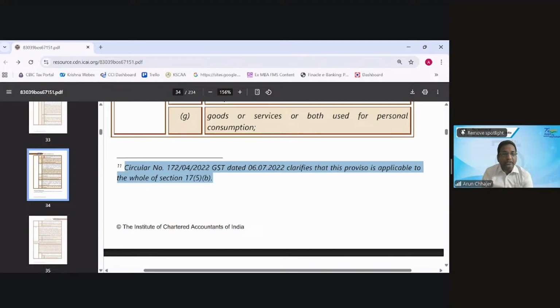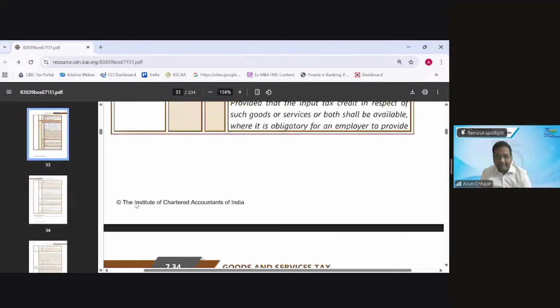So therefore, I can say after this clarification, my answer would be whatever you have given, correct. Circular 172 is saying that this proviso would be applicable to the entire clause B. Very correct.